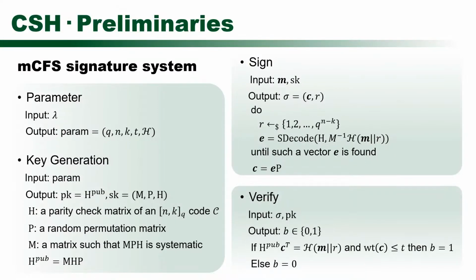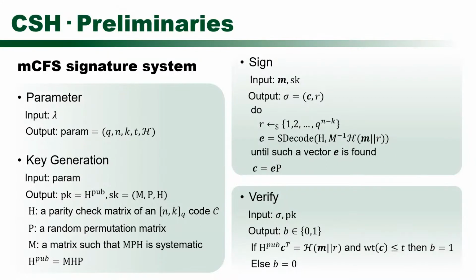The CFS signature system is the most widely known code-based signature system. One of its variants is the Modified CFS system, or MCFS for short, which is proved to be existentially unforgeable under adaptively chosen message attack in the random oracle model.